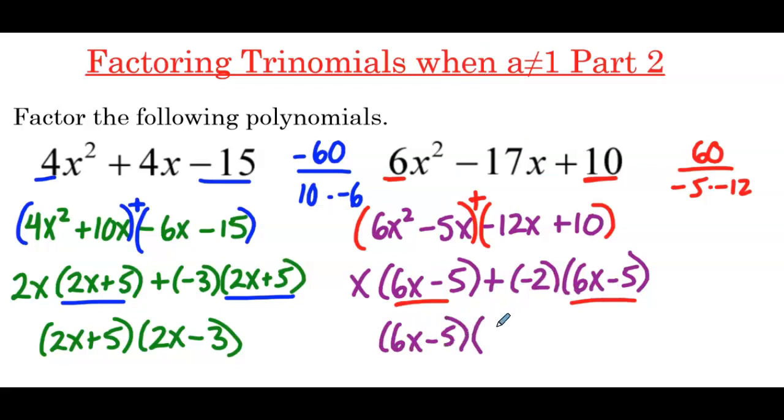And then we have x plus negative 2, which is going to be x minus 2. And there we have the factors of 6x squared minus 17x plus 10. So this is a nice review on our grouping technique.